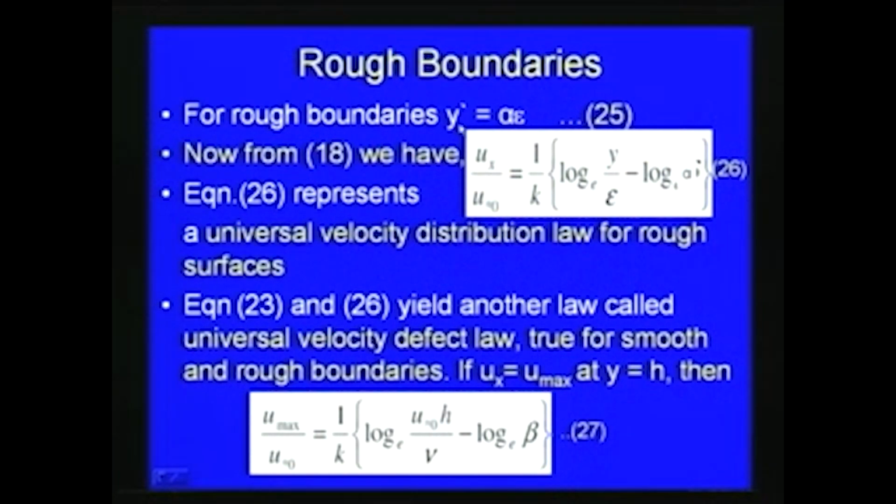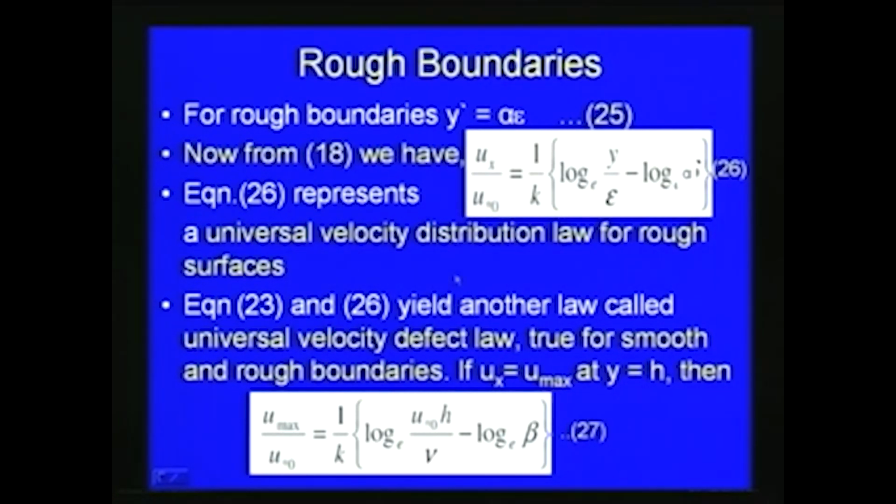If we consider a rough boundary, the roughness of the boundary also affects the flow. So, for the laminar sublayer thickness which we have seen earlier, for rough boundaries we can write y dash is equal to alpha into epsilon, where epsilon is the roughness coefficient or roughness factor, and alpha is a constant.